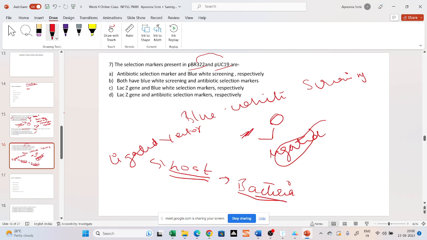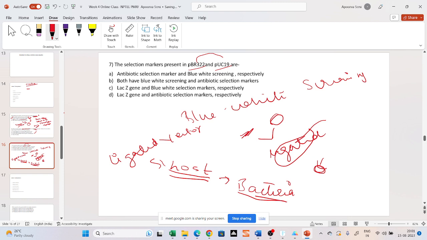Now I want to select only those bacterial colonies that have the vector. So I have to screen only those bacterial colonies that have the vector.